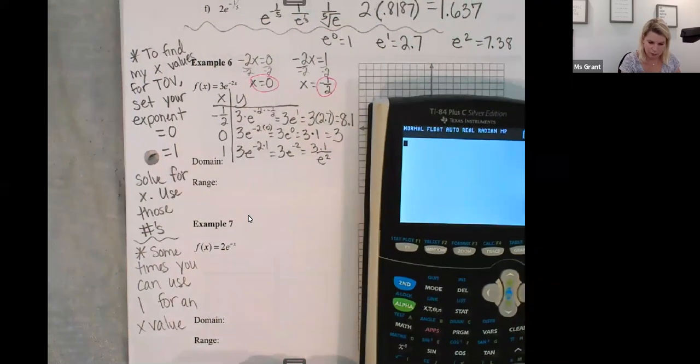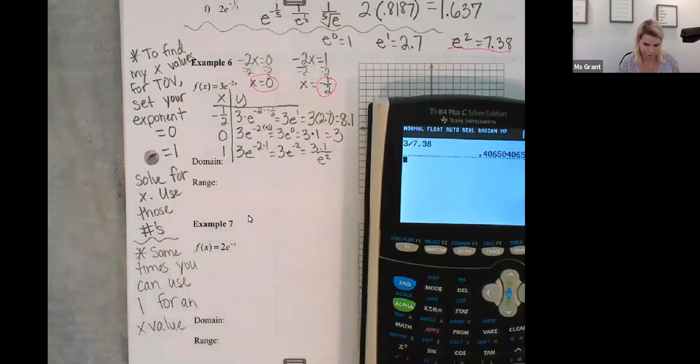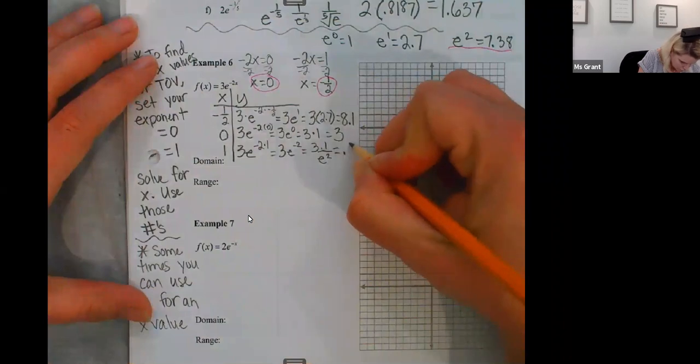Well, I already put e squared up here. I did that on purpose. e squared is 7.38. 3 divided by 7.38 is 0.4.